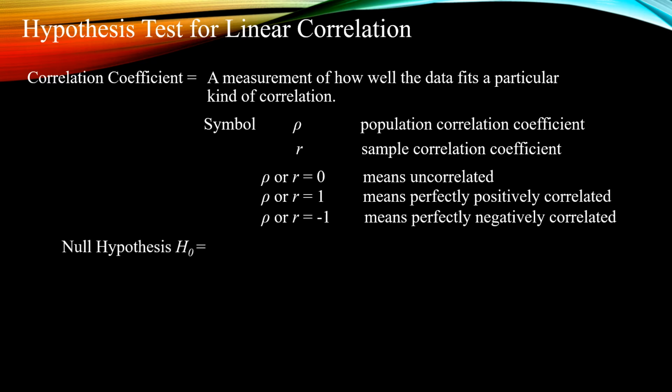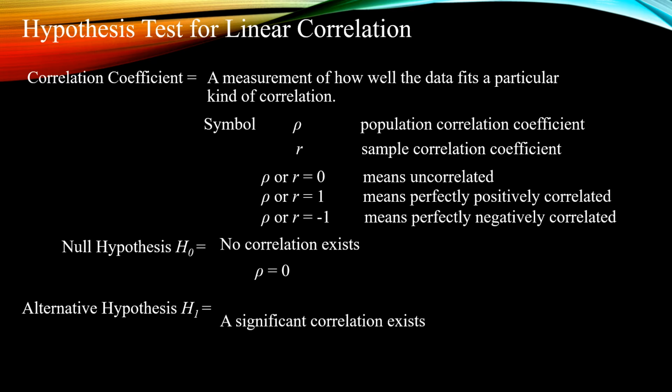When we construct the hypothesis test, remember, the claim that has the equal sign will always be that no correlation exists, or rho equals 0. The claim is that the population correlation coefficient is 0, meaning there is no correlation between the variables at all.